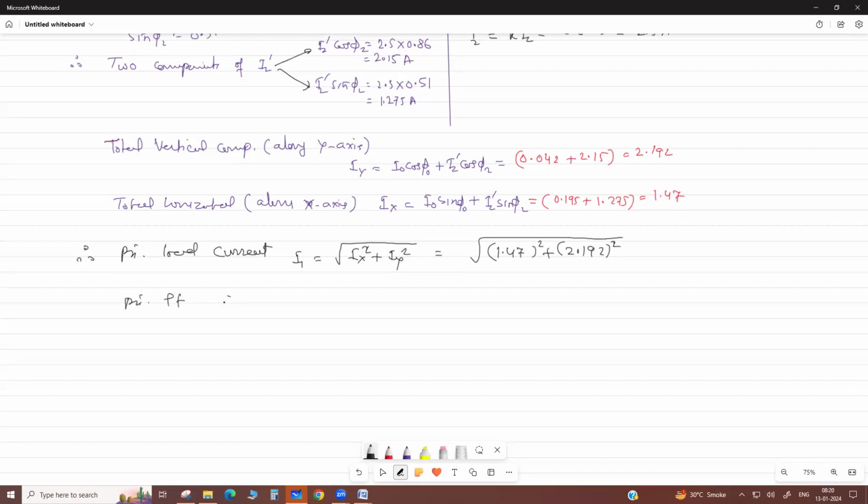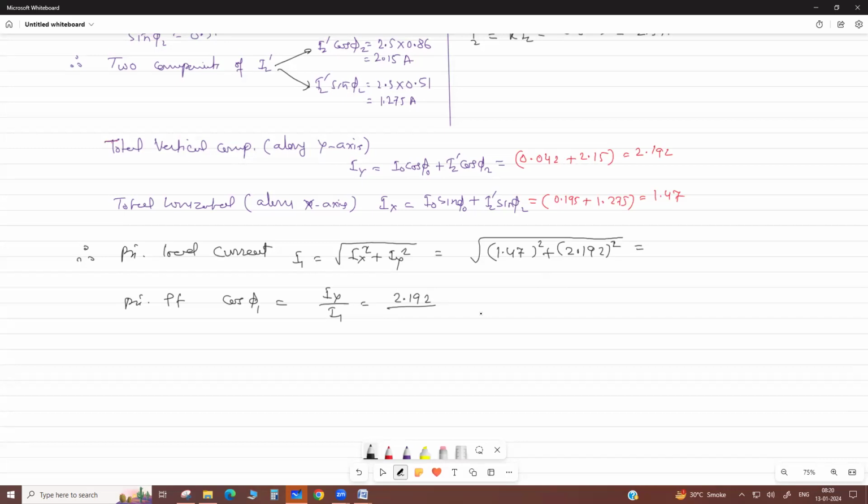The primary power factor is Iy by I1, that is 2.192 divided by the root of I1 square plus 247 square.